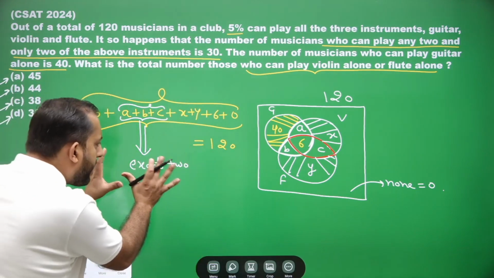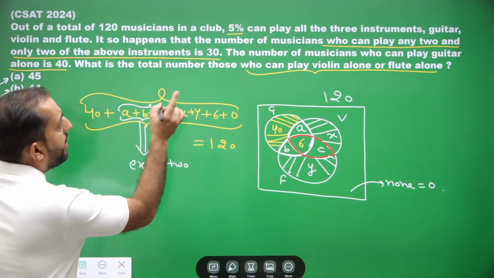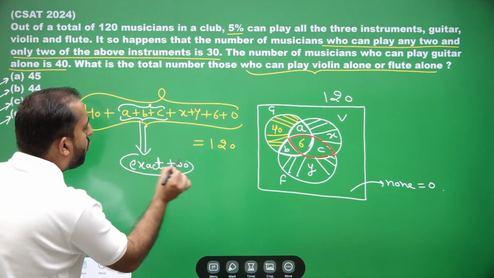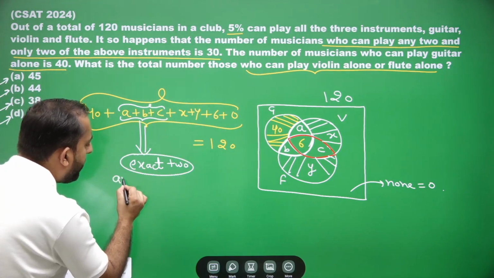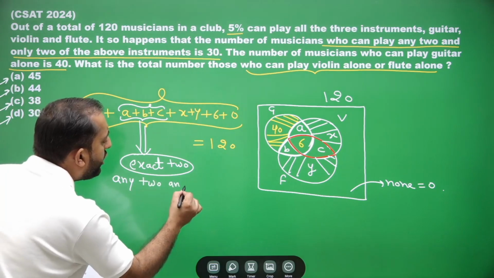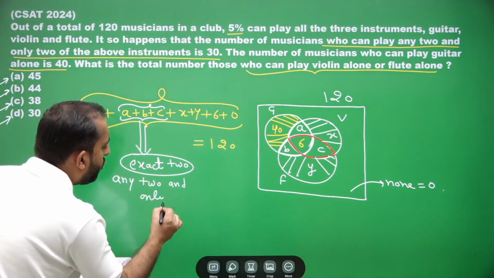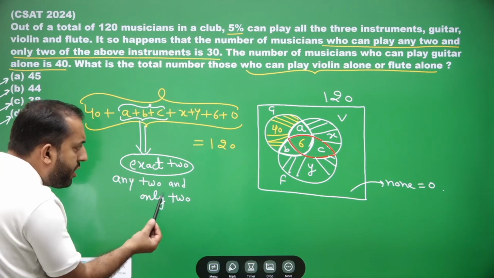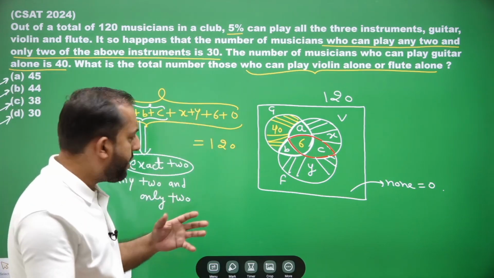This can be written in one more way: A plus B plus C gives me the count of those musicians who can play any 2 and only 2 of the above instruments. So exactly 2, any 2 and only 2 of the above instruments is one and the same thing.